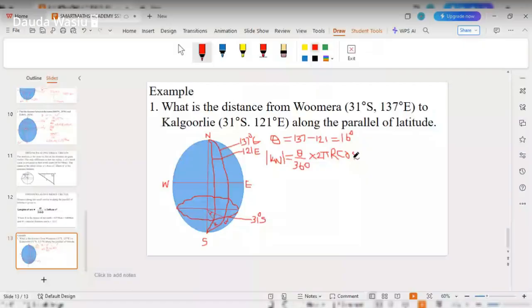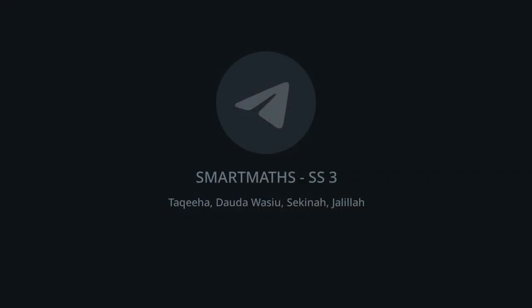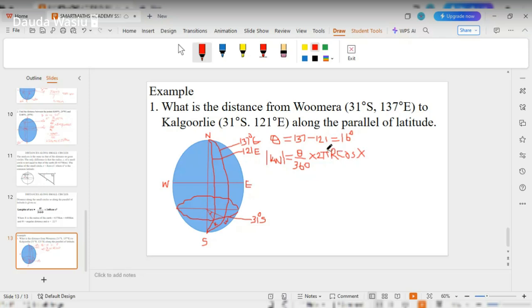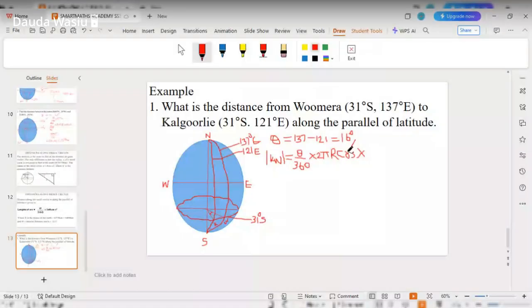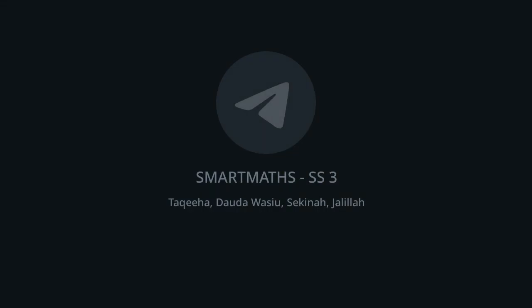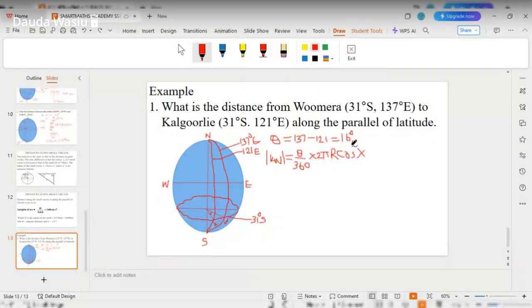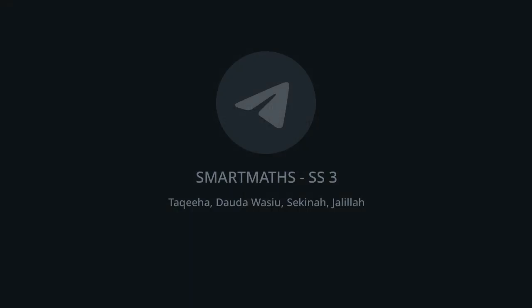So what is x stand for here? X is the same latitude given in the question. So x is 31 degrees.